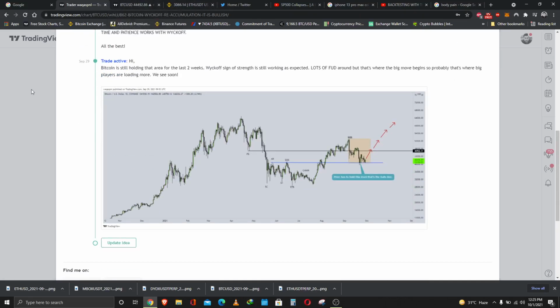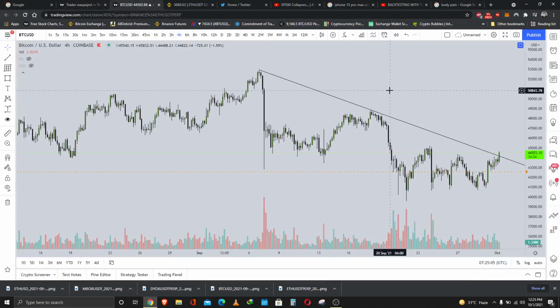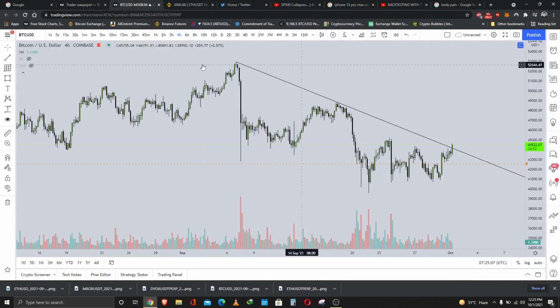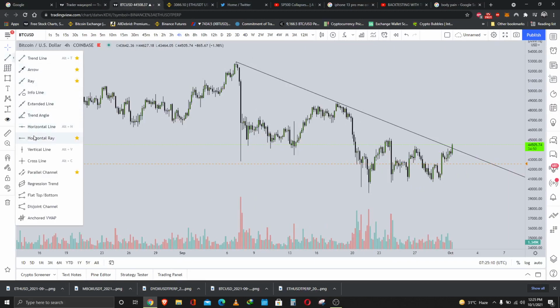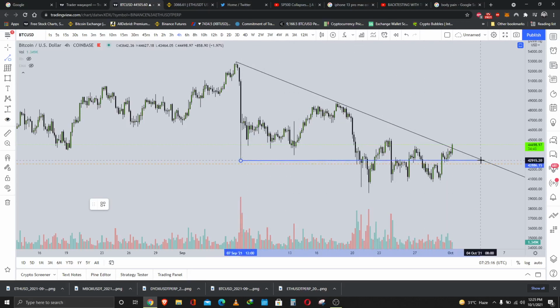So what I'm going to show here is a little bit different thing. I've always told you about this key low. This is the low that we have to go up, and look at this, where we were above that key low.